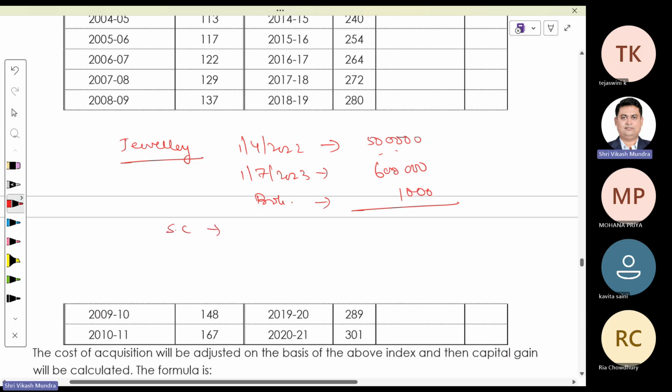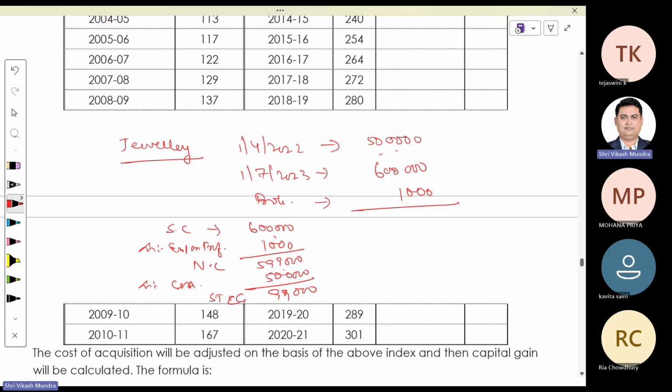Sale consideration 6 lakh, less expenditure on transfer, that is 1,000. So 5,99,000 is my net consideration, less cost of acquisition, that is 5 lakh. My short-term capital gain is 99,000.